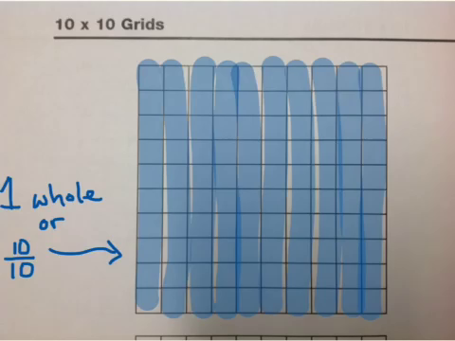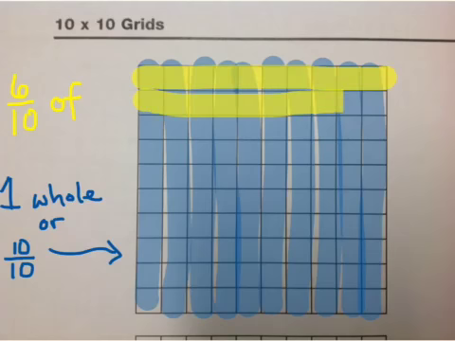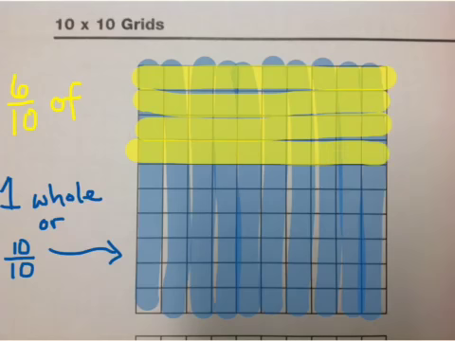And let's say that we wanted to take 6/10 of that one whole. 6/10 of one whole. What we could do to visually represent that would be to take 6/10 of that one whole. And then we can see where the colors overlap.